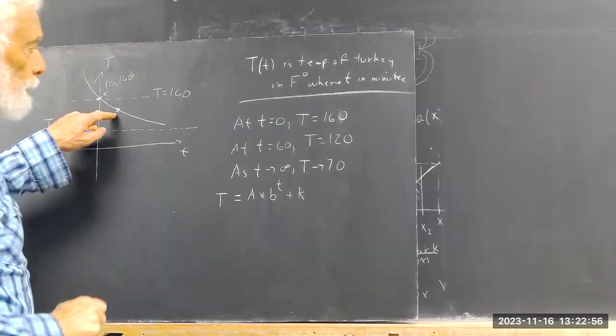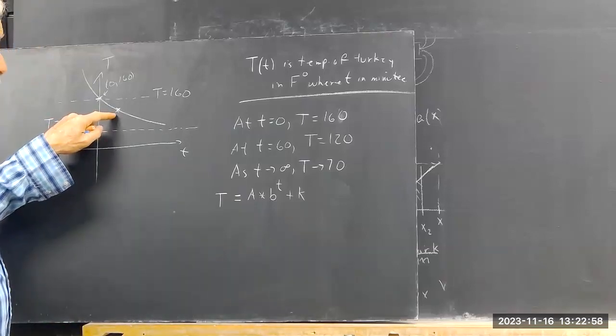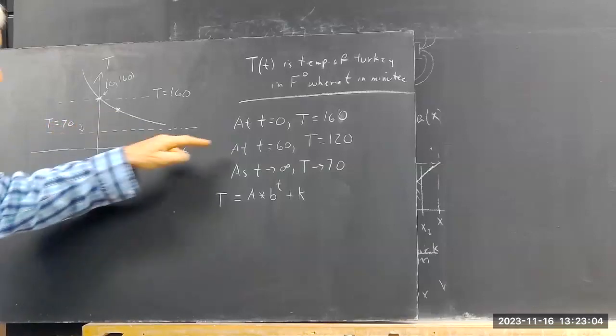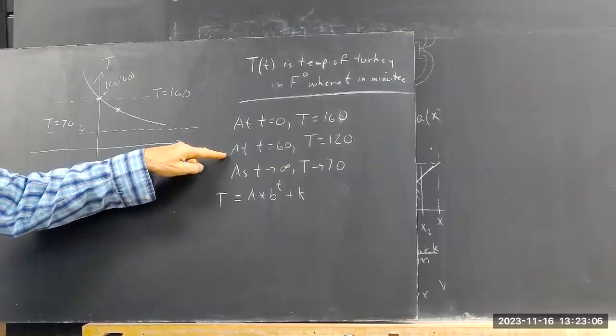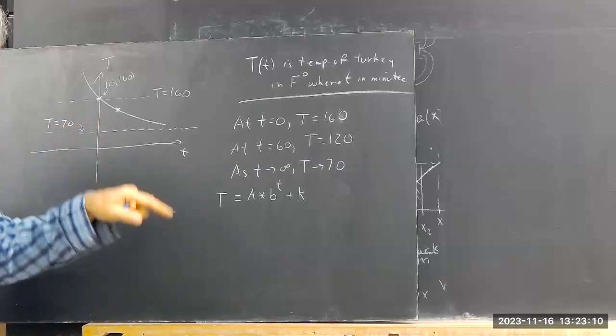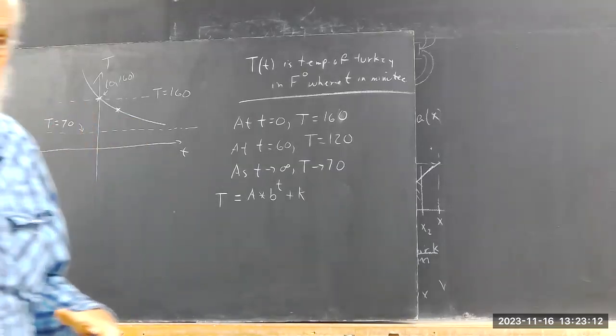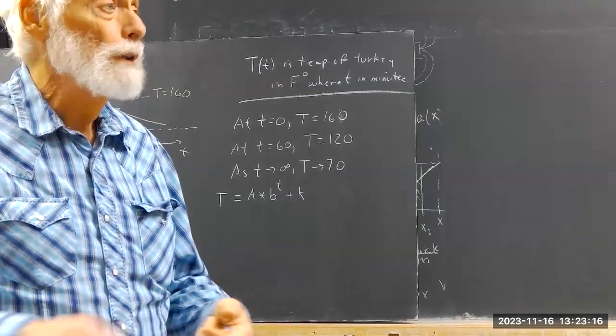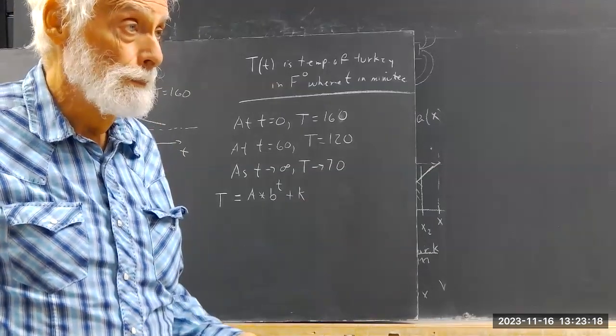What does this point represent? It represents this information. This information translates to a point on the graph. So translate all the information you can in an applied problem into points on a graph, or maybe onto lines that might be asymptotes.